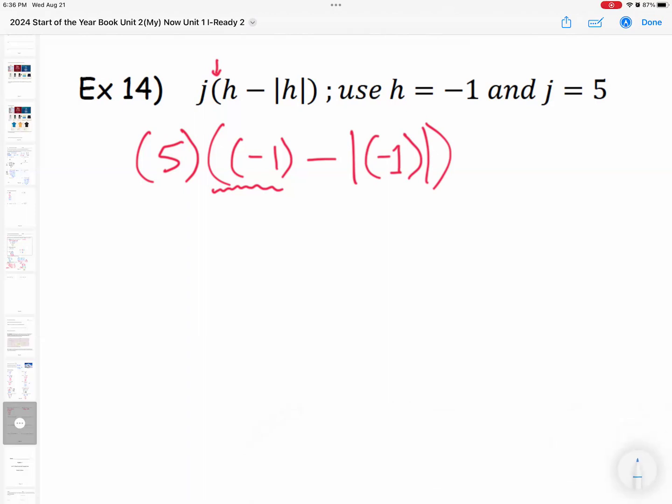So we end up then with 5 times. This is seen as the most innermost. So we end up then with -1 minus absolute value of -1 is regular +1.